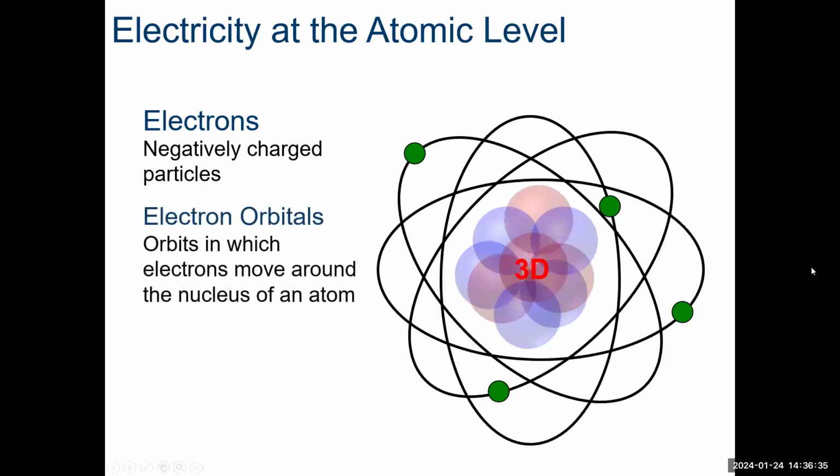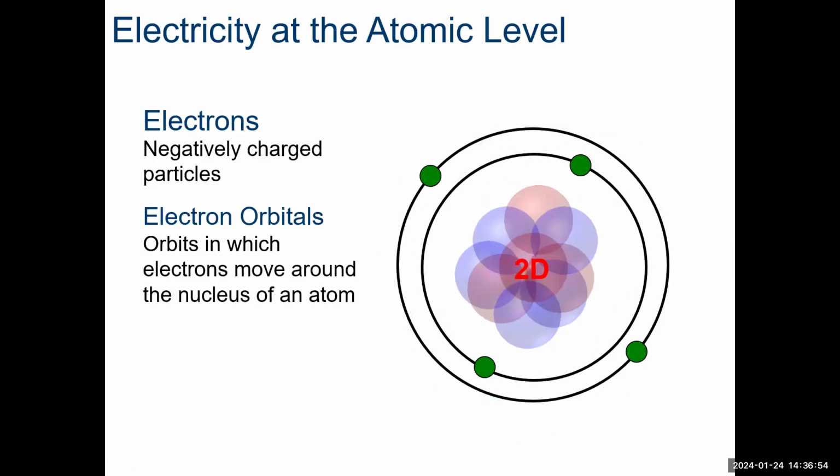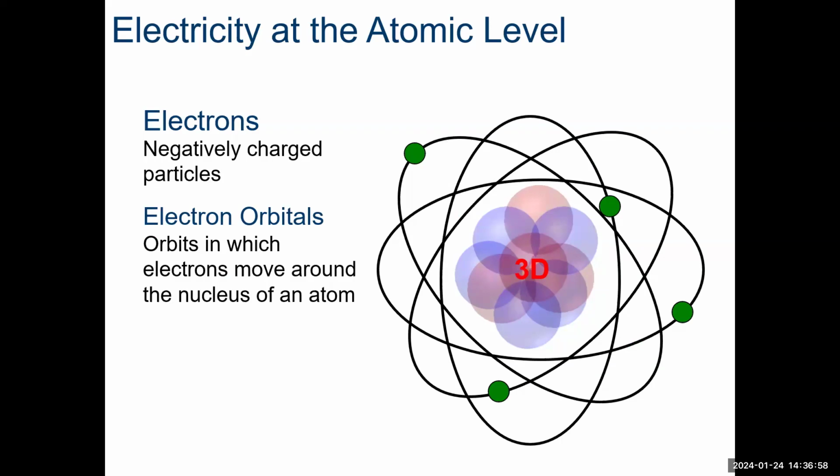So this is the 3D picture, kind of actually what it looks like if you could see it. These electrons are orbiting around the nucleus of this atom. The 2-dimensional image of that would look like this, right? There's 4 of them. So I'll go back to 3D, see the 4 electrons.